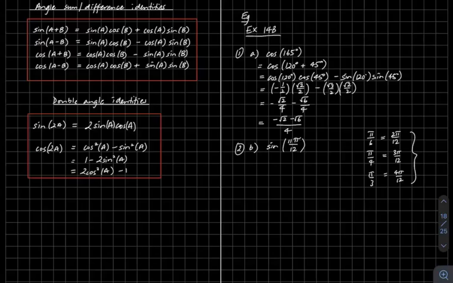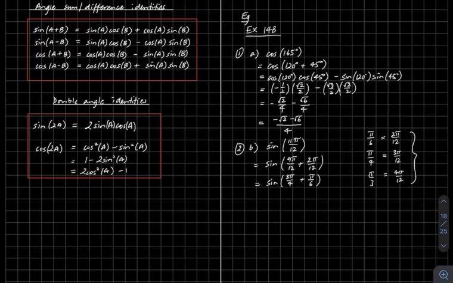And there'll be different ways that we can do this. So I could see, for example, that we could use these two here by saying it's 3 lots of this one. That'd be 9 pi on 12 plus 2 pi on 12. So if I said that that was equal to sine of 9 pi on 12 plus 2 pi on 12, because that is sine of, what's that, 3 pi on 4 plus pi on 6.